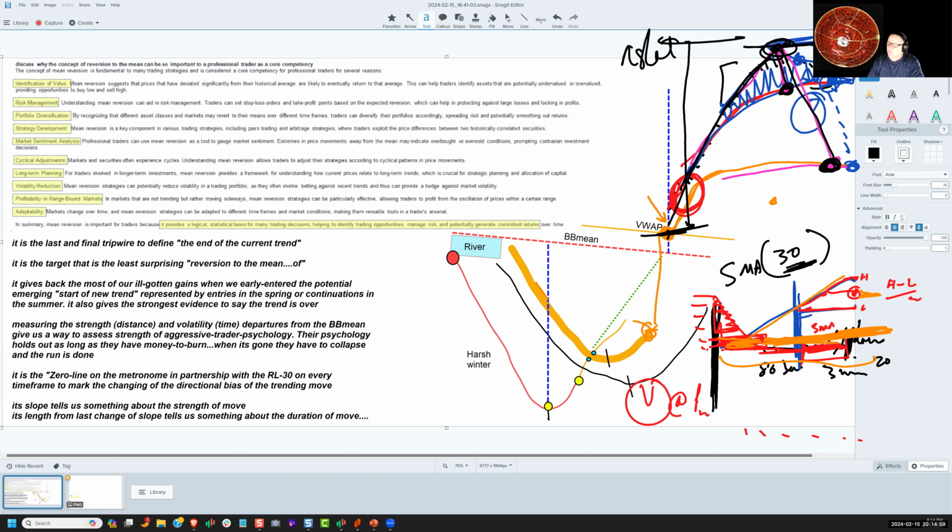The SMA 30 was very adaptive, but the VWAP has to carry all of the early price action as well. So the longer it gets in the day, the slower it is to react. Because if in the first hour there was 1 million shares traded, and then in hour 2 there was 100,000, and in hour 3 there was 10,000, and in hour 4 there was 1,000 shares being traded, because now it's only the traders, whereas this was institutions.